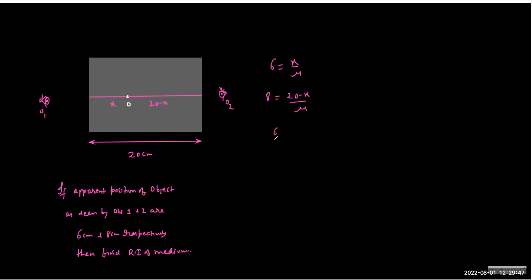So 6 by 8 is x upon 20 minus x, so 3 times (20 minus x) is 4 times x. So 60 equals 7x, x equals 60 by 7, which is 6 mu. Mu is 10 by 7.